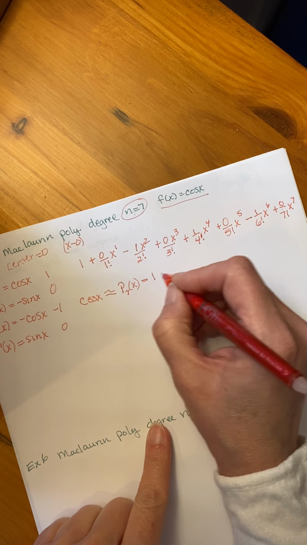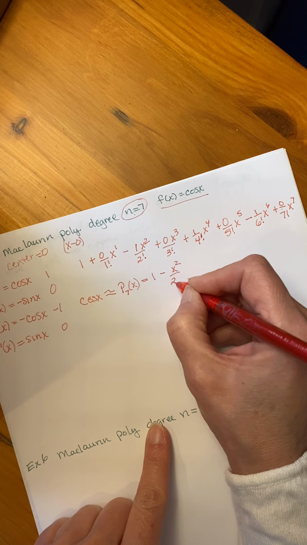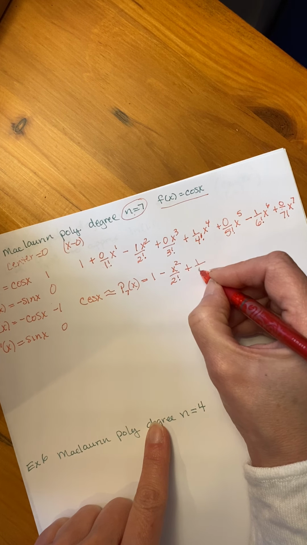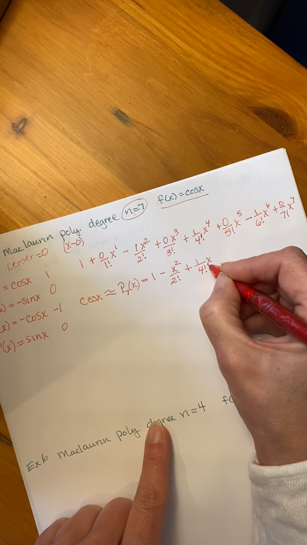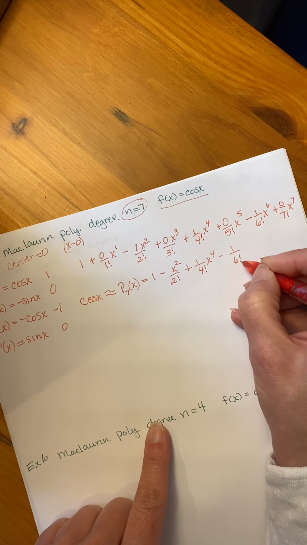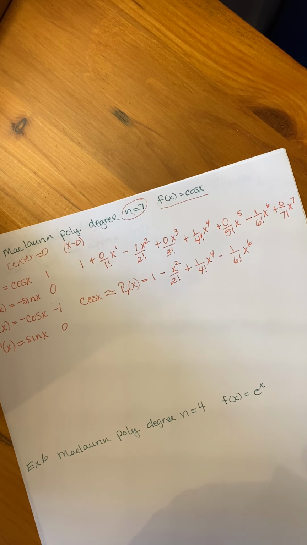We're going to let them go. 1 minus x squared over 2 factorial, 0, and then plus 1 over 4 factorial x to the 4th, and then minus 1 over 6 factorial x to the 6th. You get the idea. We could do this all day, but we're not going to.